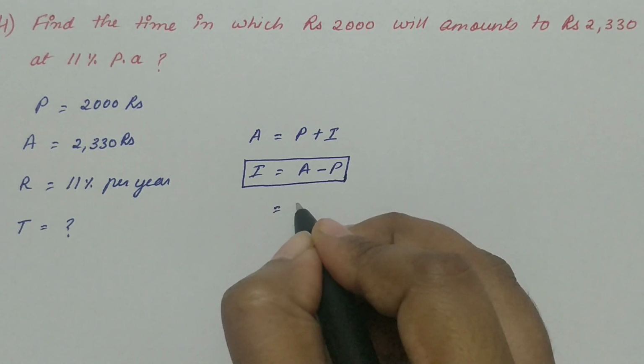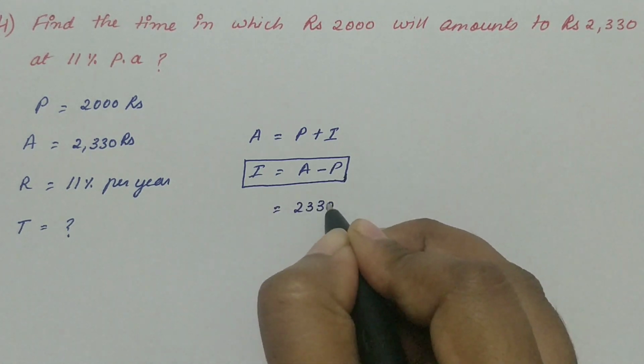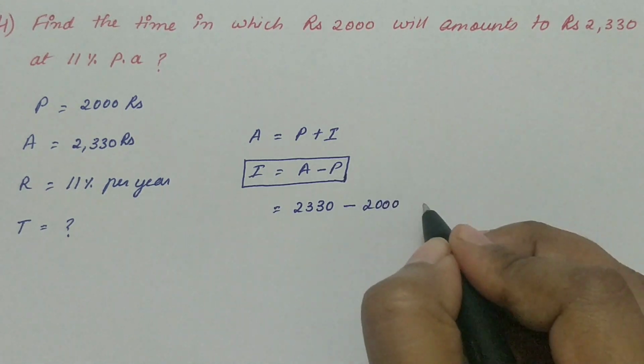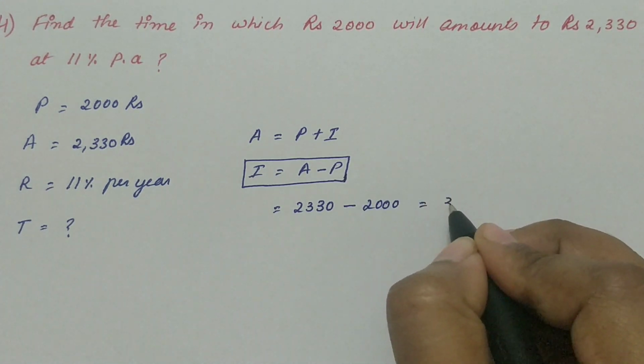Equal to 2330 minus 2000 equal to 330 rupees.